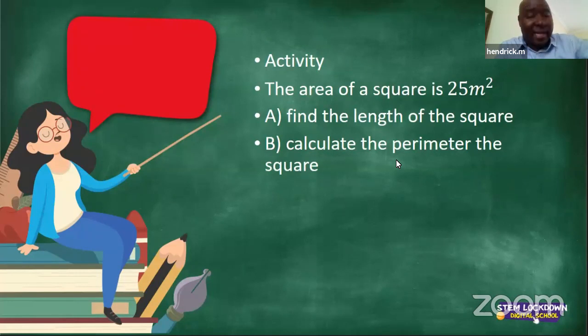For us to have the area, it means we have multiplied a number by itself to get 25. Once you have the area, it means you have multiplied the length by itself. Now, what is that number which you have multiplied by itself to get 25 square meters? What would be that number?